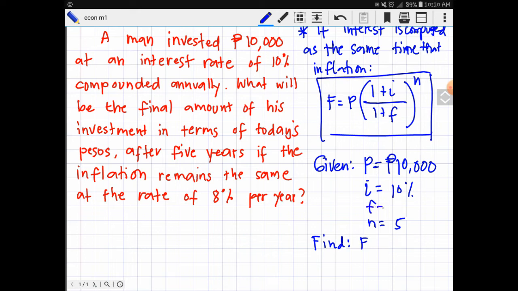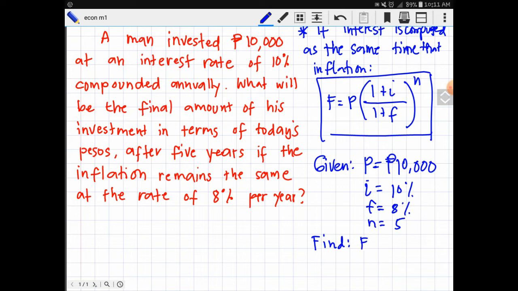So our F is 8%. Now we have the data we can use. Since it has interest and at the same time inflation, the formula here is the newest formula we just gave.